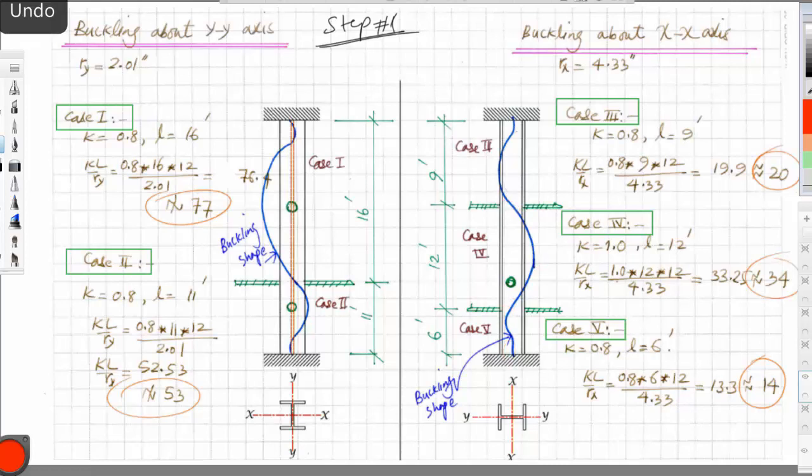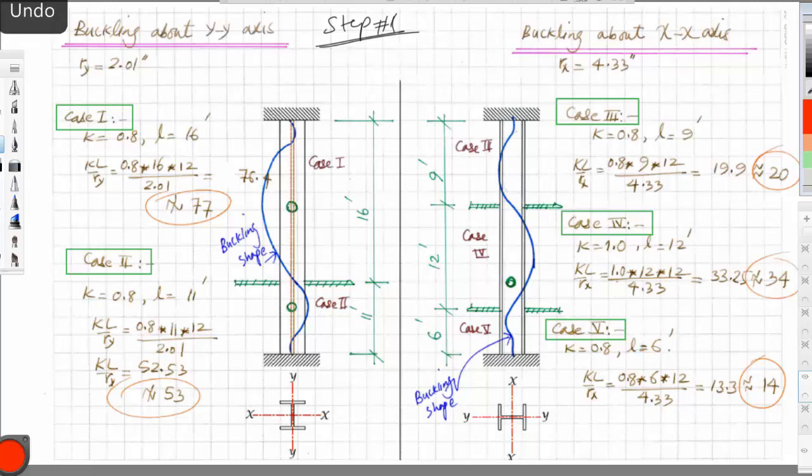So for the first part, fixed hinge, which is 0.8, and the second part, hinge, is 1.0, and the third part is hinge fix, which is 0.8. For the length, you have to watch for the, this is 9 given, this is 12, and this is 6. All of them have been this one and this one and this one.